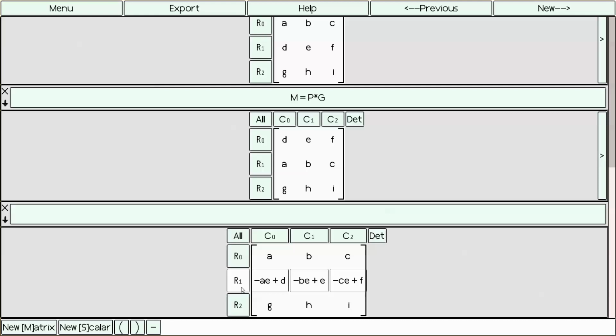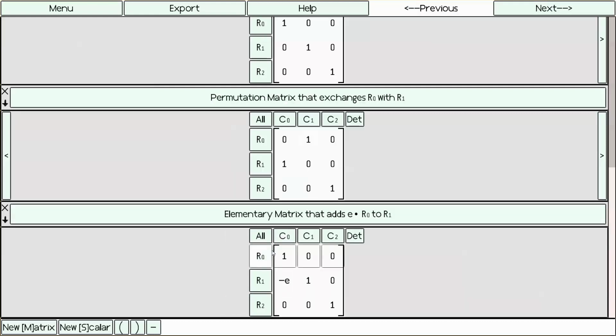See? Because you have E times A, there's that A, plus D was in the original. Then you have B times E plus E, so we subtract it. And then you have C times E plus F.